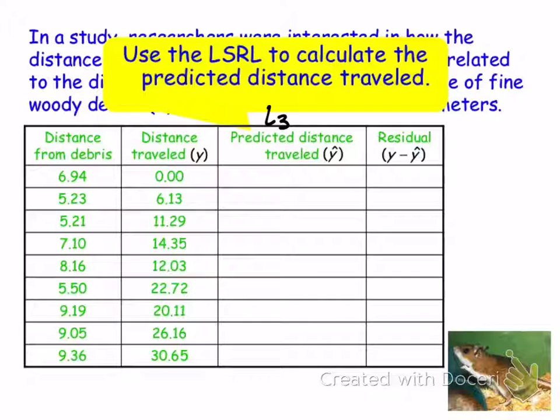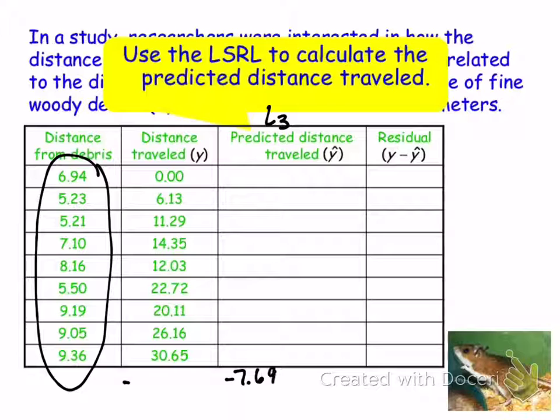You're going to highlight list 3 and hit enter to where there is a little blinky square. And we're going to type in our LSRL using these X values. So if I were to create some sort of Excel equation, it would look like my LSRL, which, what did we say our LSRL was? So negative 7.69, then what?